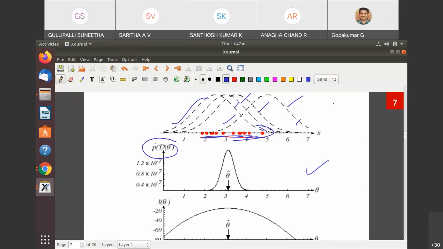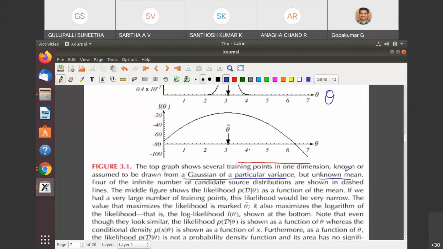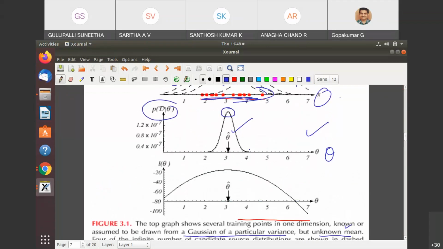Along this axis is theta, and the theta for which we get the maximum probability is the theta cap. That is what we have already discussed.